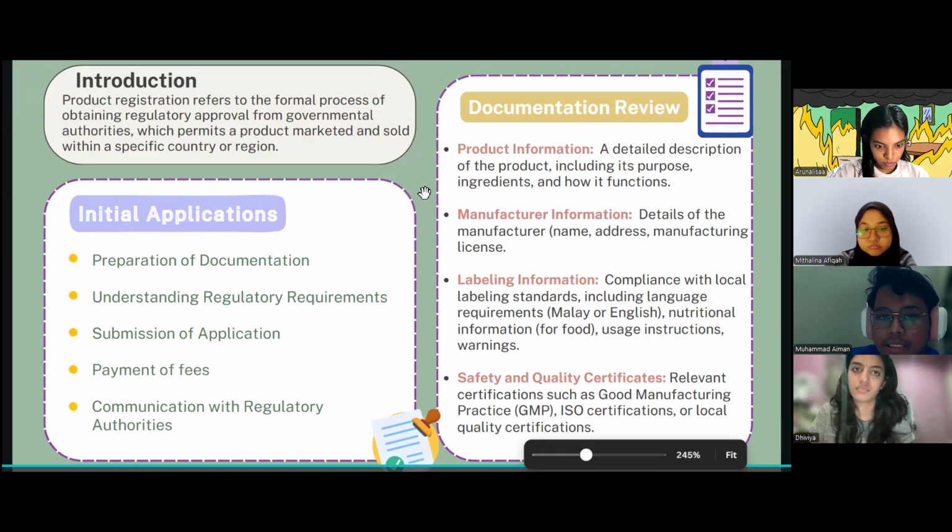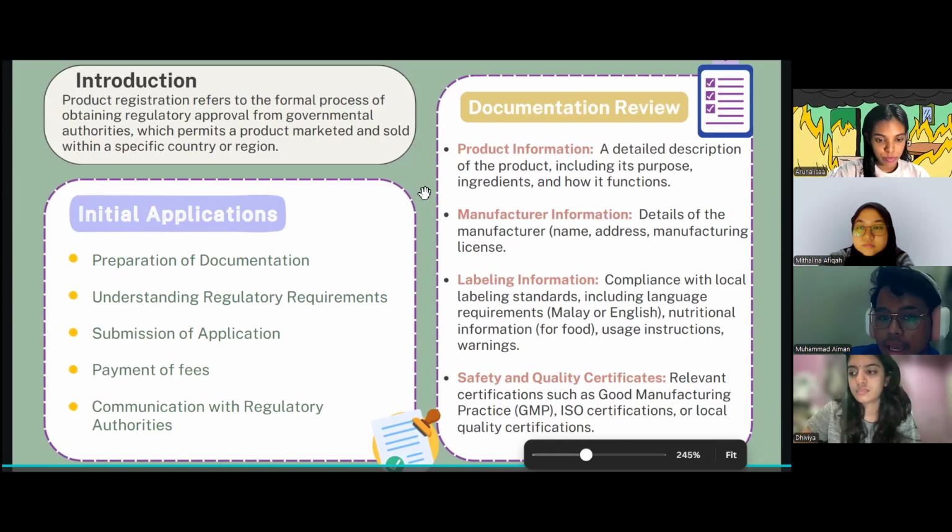So next one is submission of application. To complete the submission, fill in the application form provided by the relevant regulatory authorities. These often involve online submission through designated platforms or specific government websites in other countries. And then next is payment of fees.